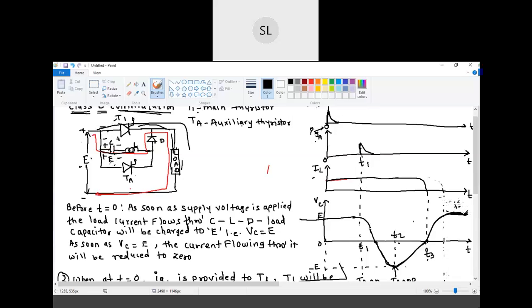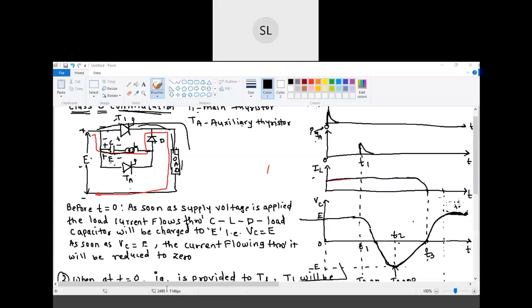Have you understood this? So this is how you need to draw the waveforms.